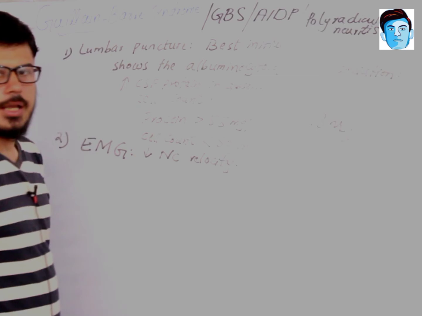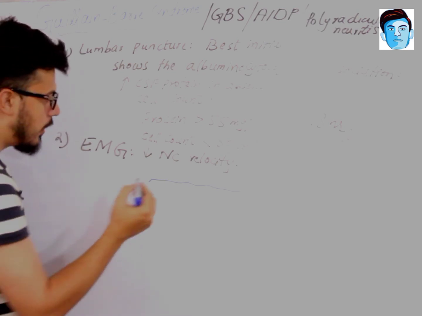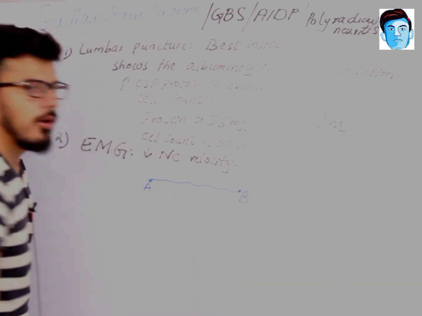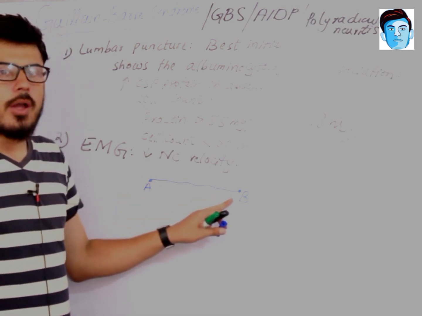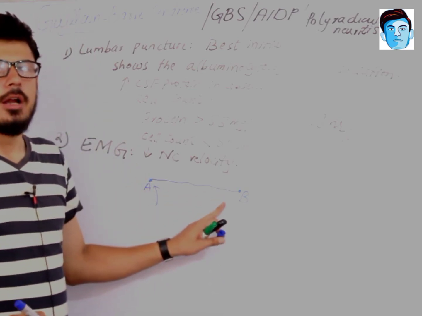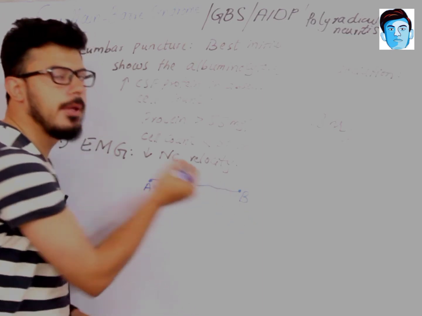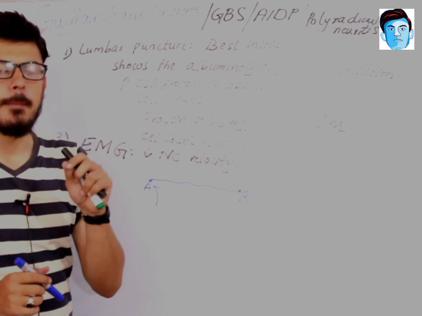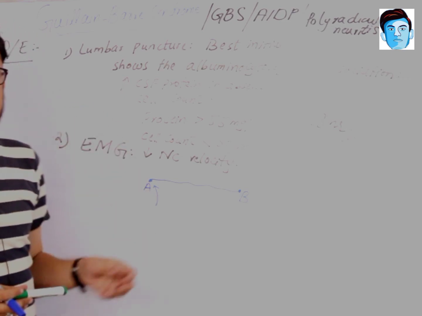What does it mean? Let's suppose this is a nerve, and this is point A, and this is point B. If I stimulate point A and record the timing of the impulse from A to B, and it takes more time to reach from point A to point B, it means there is nerve conduction blockage or slowing, so the nerve conduction velocity decreases.